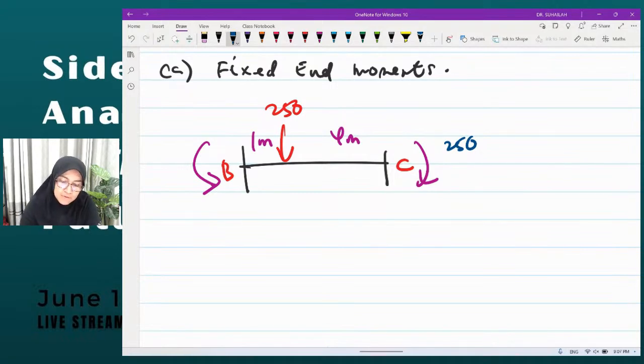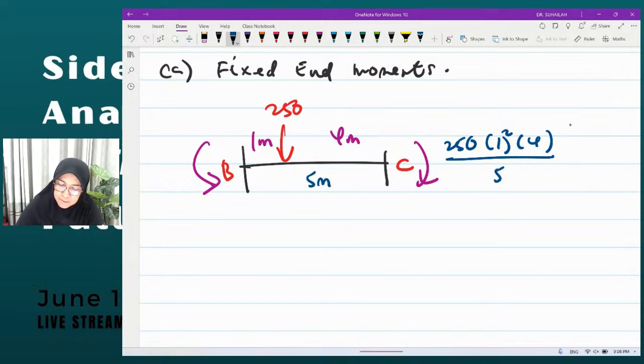Please look at this carefully. When we want to calculate FEM and the loading is not at the center, for the right side at C, it is 250 times 1 squared times 4 divided by 5 squared.